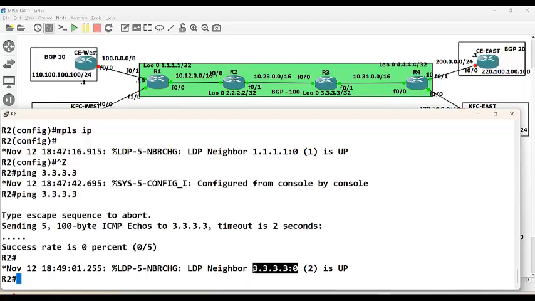Remember this very, very, very well in your mind. In production, I have seen people. Everything is configured fine. VPN is there. Routes are there. In KFC West, I can see the KFC East route. But when I ping, the packets are not going.